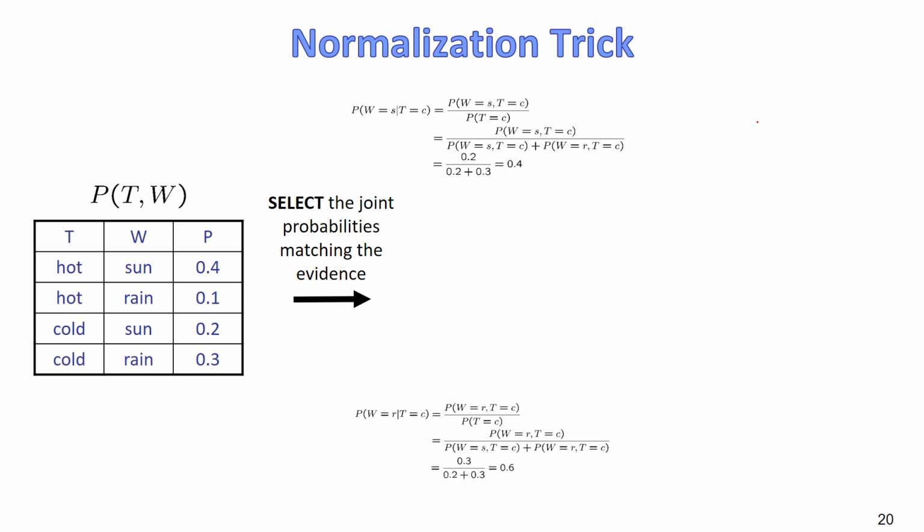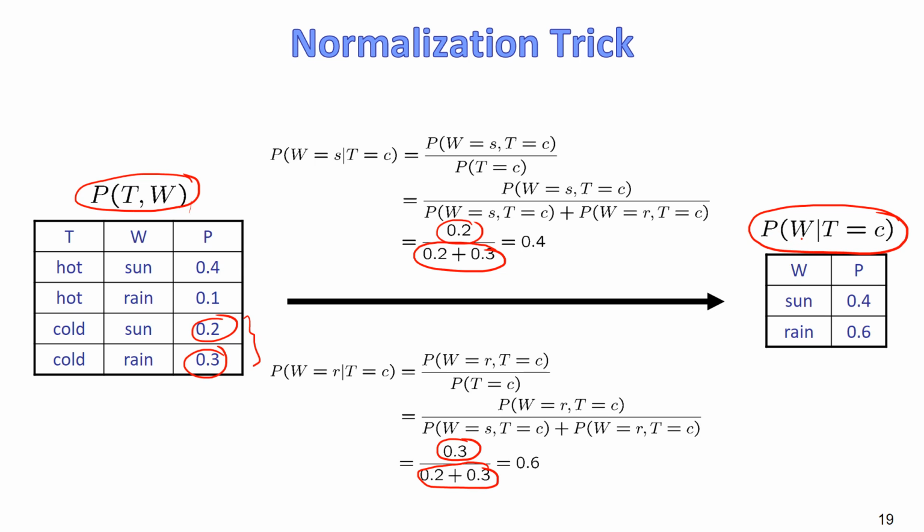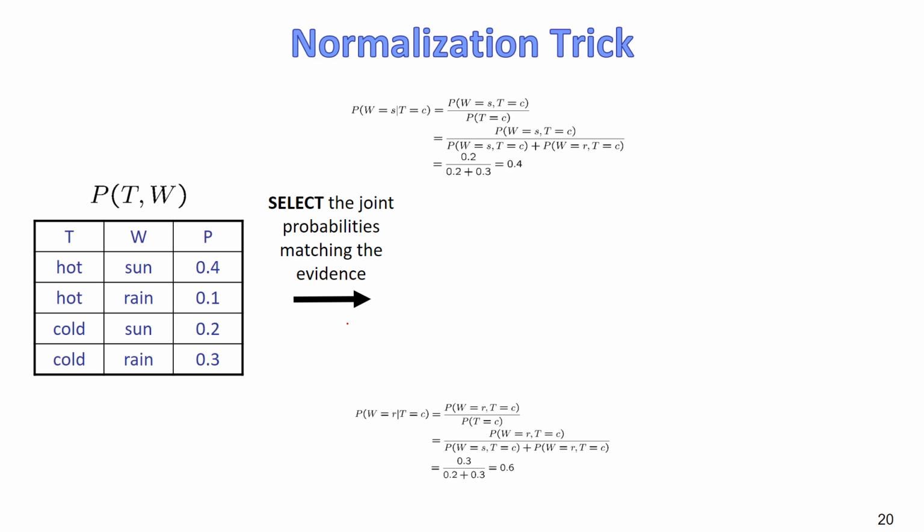Remember that from the previous slide we want to calculate the probability of W given T equals cold. So that's the evidence. First we select the joint probabilities from the joint distribution that match the evidence. The evidence is that T equals cold, right? So we select these two rows only, and we eliminate these two rows. That's step 1.